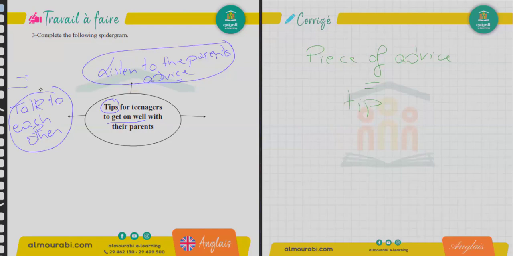Okay, which is true. Good. Listening, talking, and you mentioned it previously. Trying to respect each other. Express what they feel when they are sad and depressed. Yeah, sure, that's true.